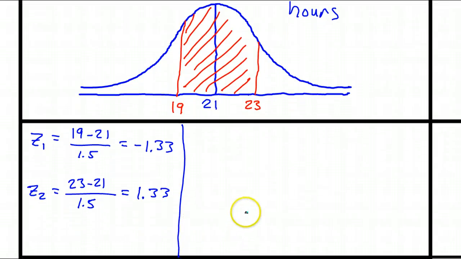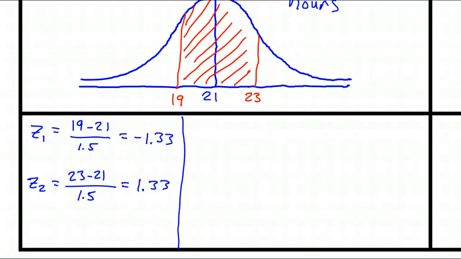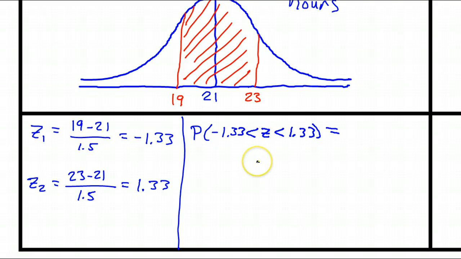Okay, so we want the proportion of z-scores that are between these two. So we want this. We want the proportion of z-scores. So I would have to write negative 1.33 is less than z, which is less than positive 1.33. That is what we are looking for.